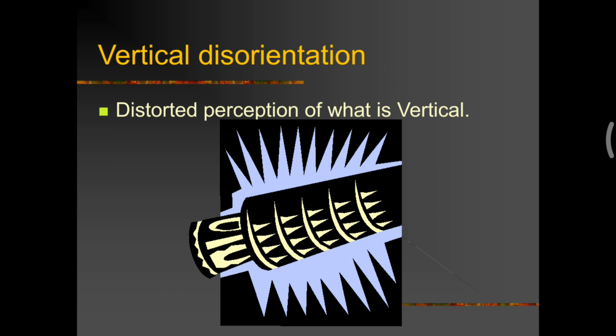Now it's not a problem with his motor system, but his inability to place could be because he perceives that the glass tumbler he is placing is vertical, but in reality it is not so. So this is called vertical disorientation disorder. You will also consistently see that they are bumping when they have to walk through narrow pathways.